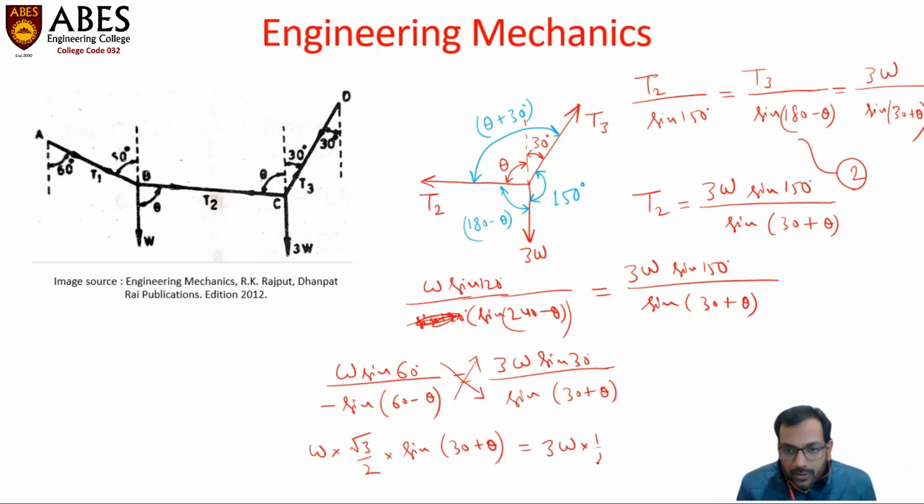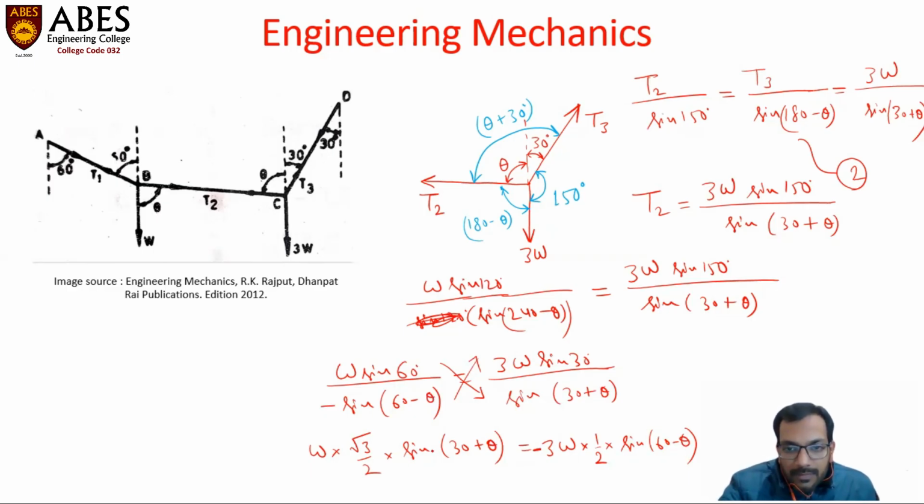Sine 30 is 1 upon 2 into minus sine 60 minus theta. Now we can open these expressions using the formula sine A plus B. Sine A plus B is sine A cos B plus cos A sine B. And sine A minus B is sine A cos B minus cos A sine B.